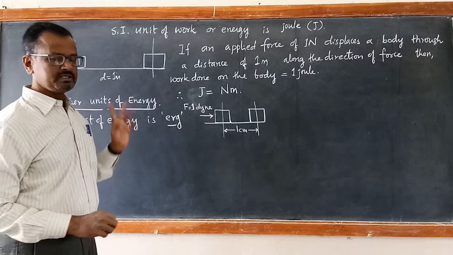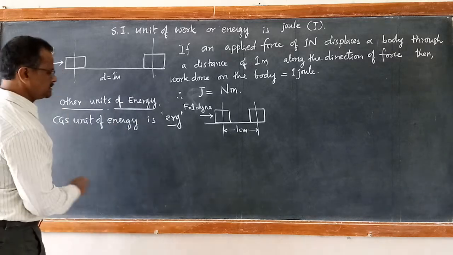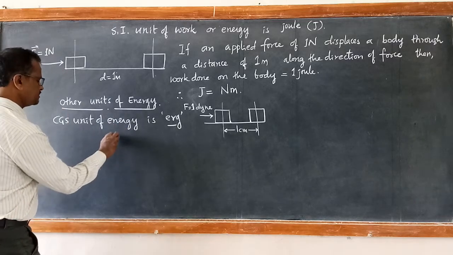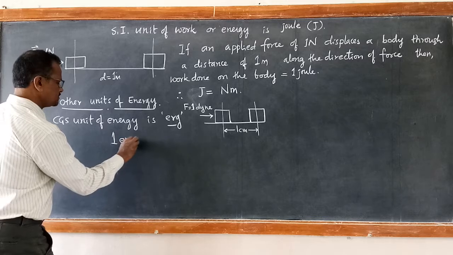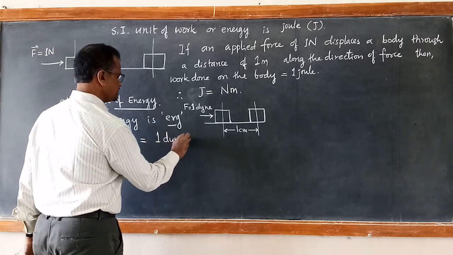That is the CGS unit of work done or energy. Therefore, I can write 1 erg is equal to 1 dyne centimeter.